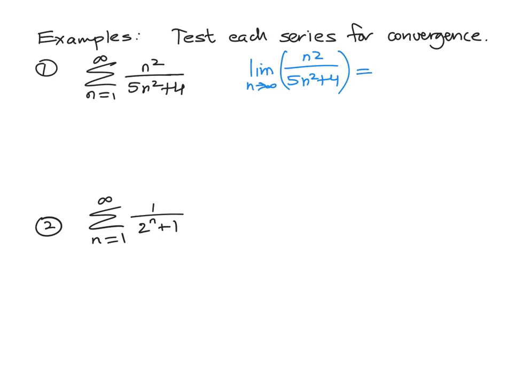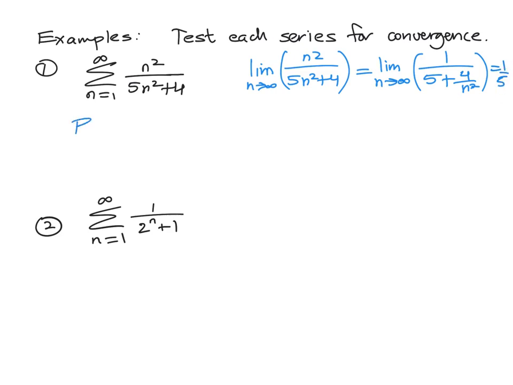So I'm going to use the divide by n squared trick. This is going to be the limit as n goes to infinity of 1 over 5 plus 4 over n squared. And if I follow that limit, I get 1/5. But wait a minute, what we're saying then is as you keep adding these values up, you're adding approximately 1/5 every time. So that's going to keep getting bigger and bigger as we keep adding 1/5, an infinite number of essentially 1/5s.